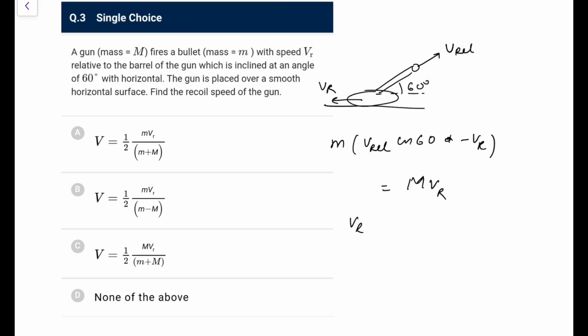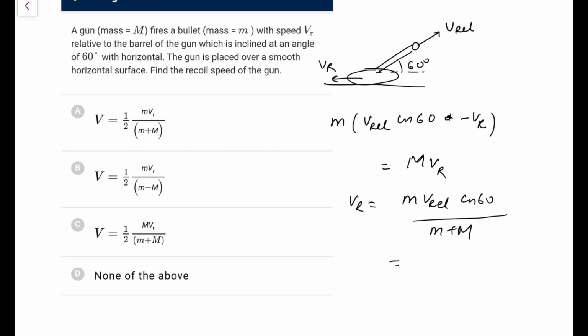So vr would be equal to m v relative cos 60 upon m plus M. Okay, that was given as vr, don't worry. So it is m v relative by 2 upon m plus M. So it comes out as option A in this particular situation.